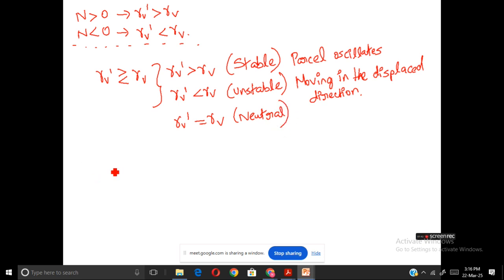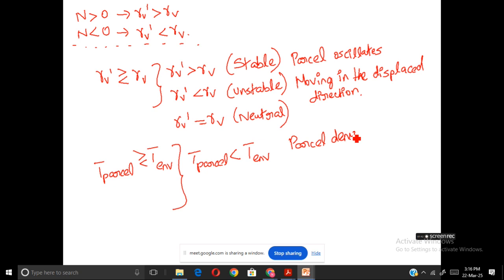Now if we write in terms of temperature, the temperature of the parcel, at a particular pressure level, is either greater than or less than the temperature of the environment. In the stable case, the temperature of the parcel is less than the temperature of the environment, which means the parcel is denser, so it sinks. Second case, the temperature of the parcel is greater than the temperature of the environment. So the first is stable, this is unstable.